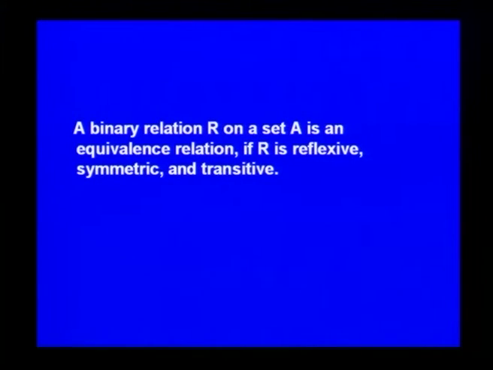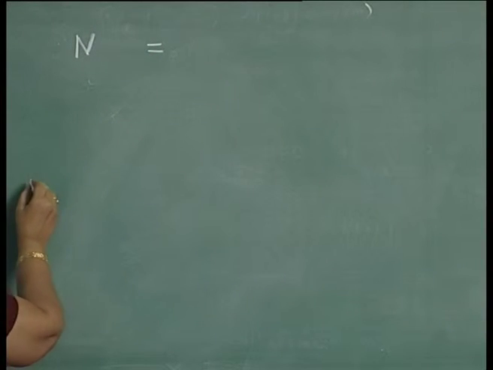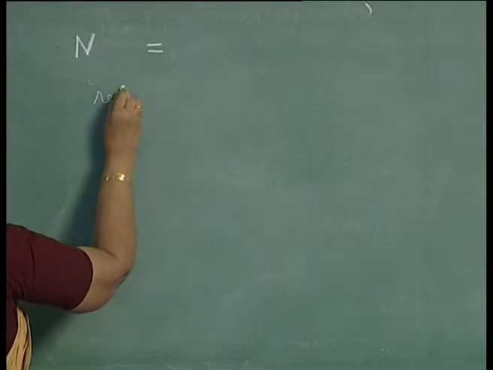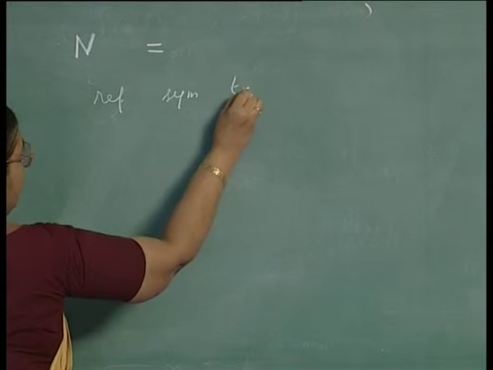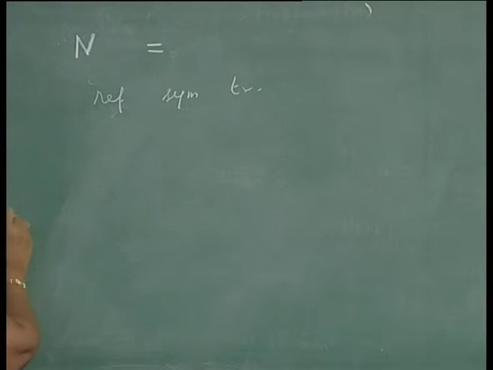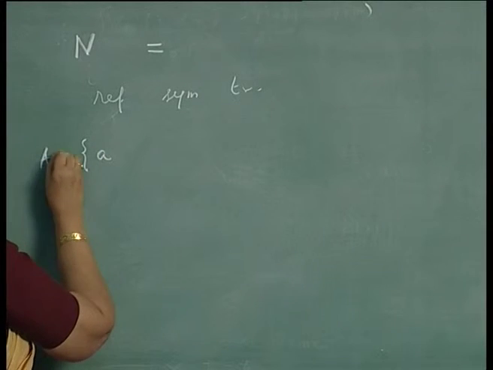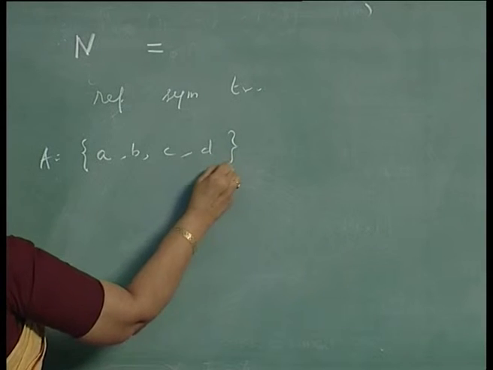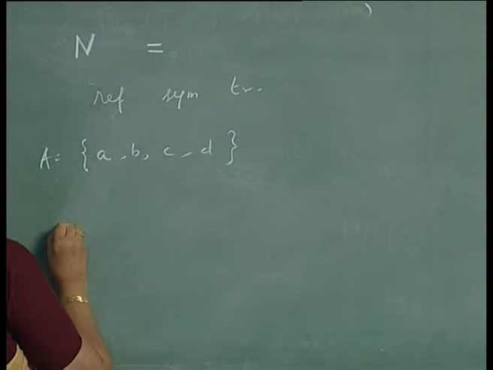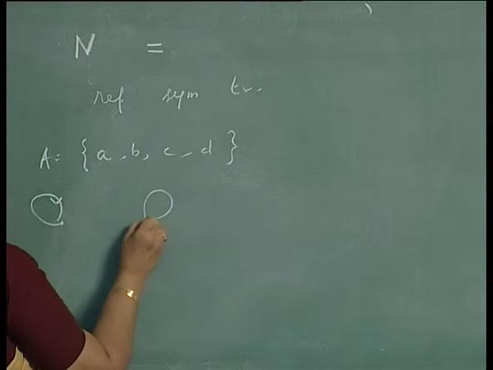The equality relation, take the set of natural numbers, the equality relation is an equivalence relation. It is reflexive, it is symmetric, it is transitive.